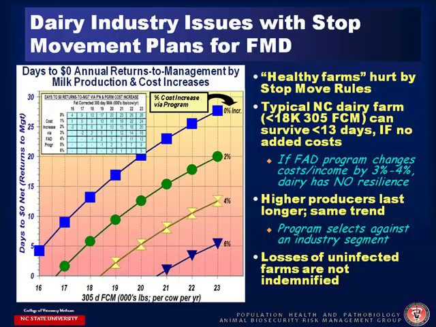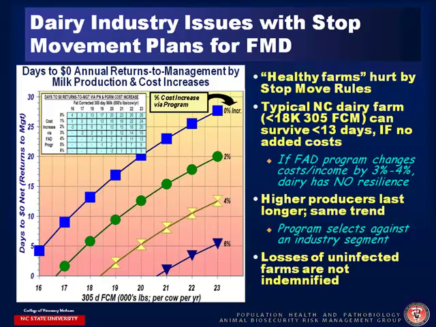So we're looking at how long it would take to take away an entire year's profit. If the disease does not change the cost revenue structure of the system, the typical 18,000-pound North Carolina dairy will last about 13 days before we will have erased an entire year's hope for profit.